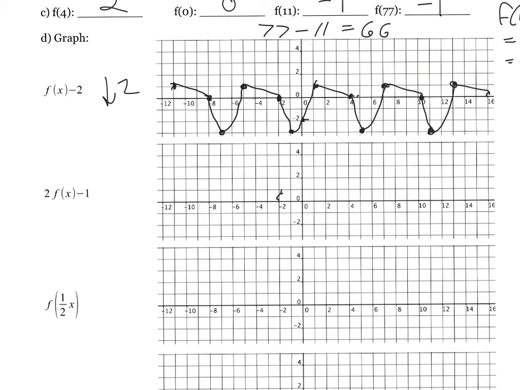Oh, now it's just down 1. Not quite. We have to do 2 things in sequence. So our order of operations says that we take whatever comes out of the function and multiply it by 2 first, then down 1.